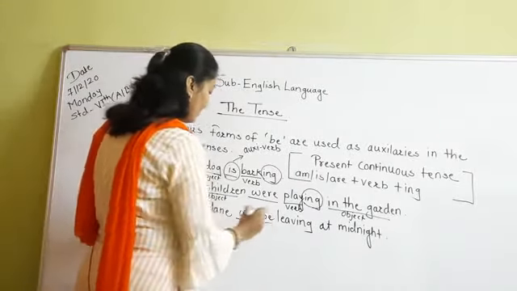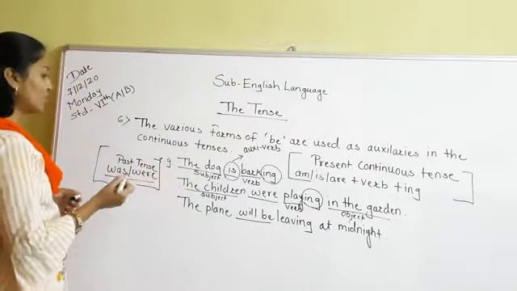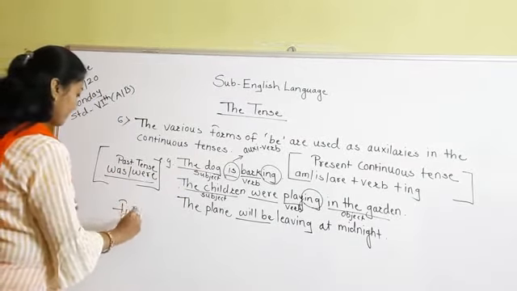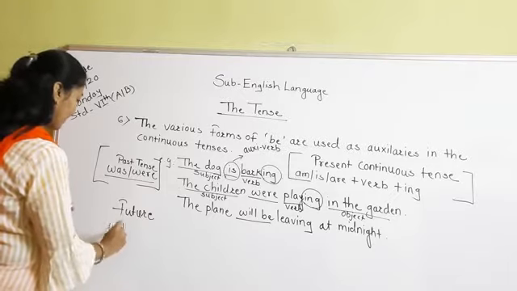This "will be" or "shall be" is also known as an auxiliary verb. We can call them auxiliary verbs or helping verbs. In the future tense we are using "will be" and "shall be."